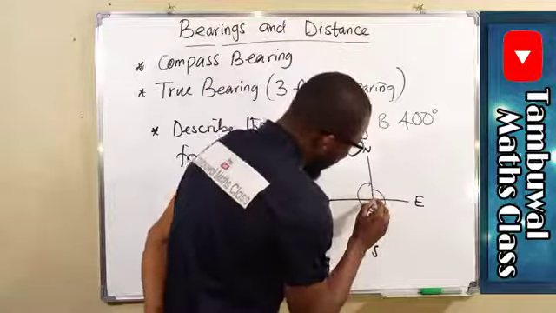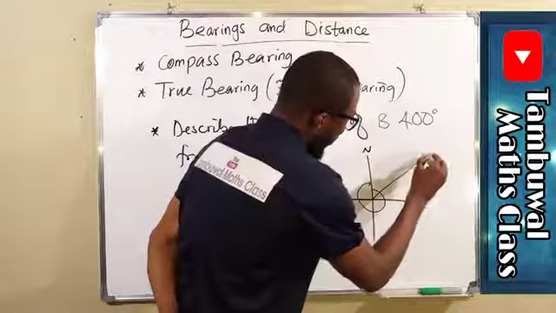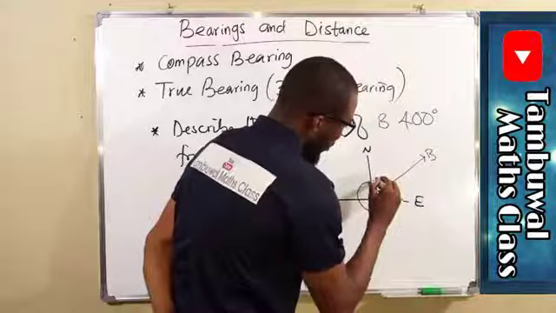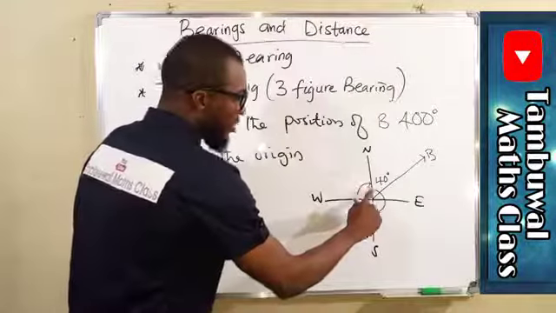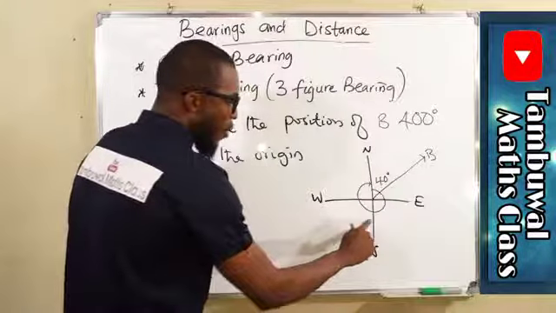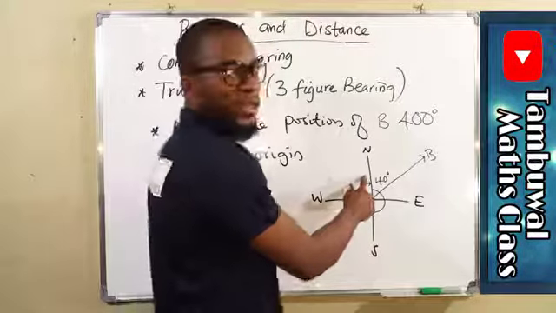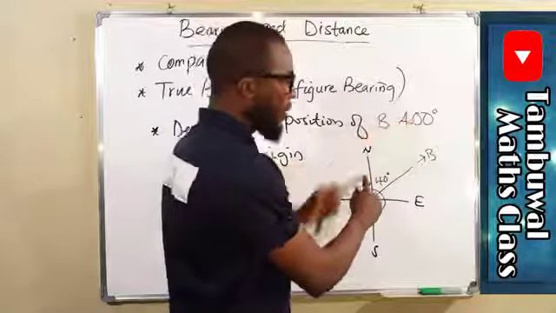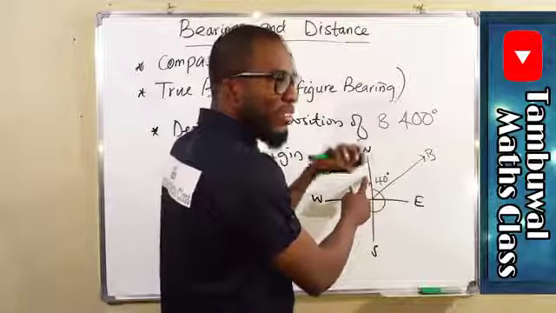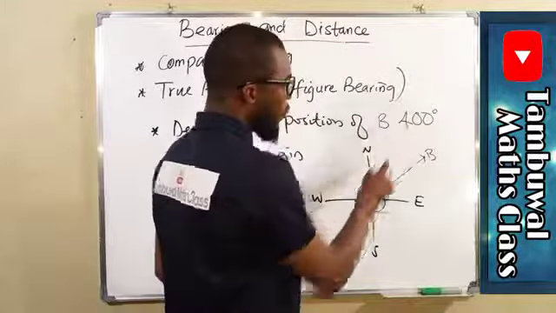So roughly we have, this is B, and this must be 40 degrees. Because we started from origin, we move clockwise back to the main origin, 360. But 360 is less than 400. We need to add 40 degrees extra to meet 400.